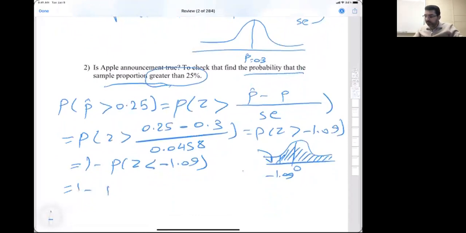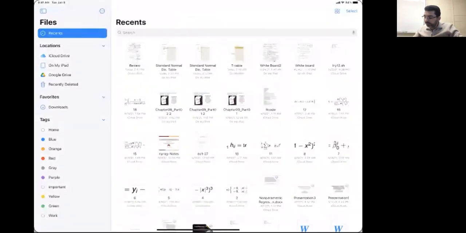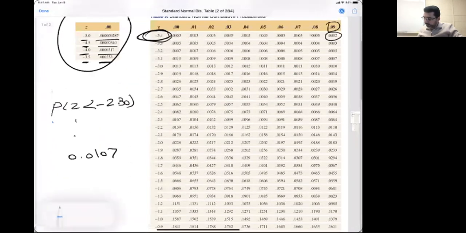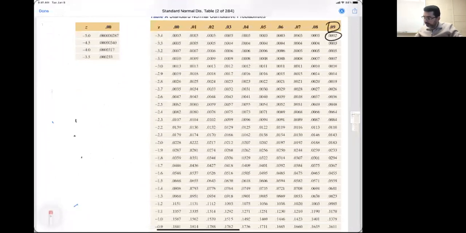So go to the table. We need to find the probability that z is less than negative 1.09. So we divide this into negative 1 and 0.09.